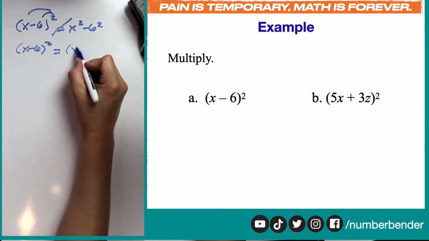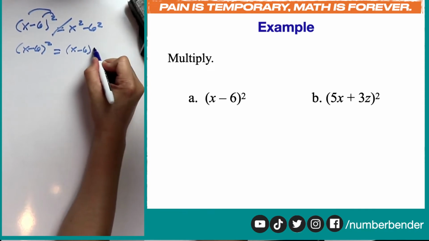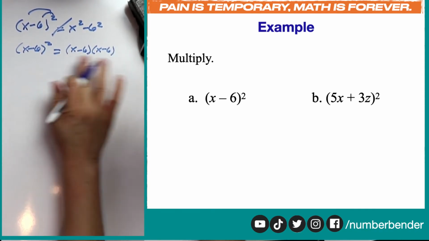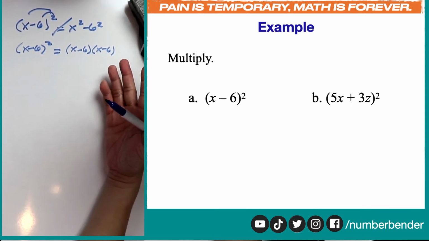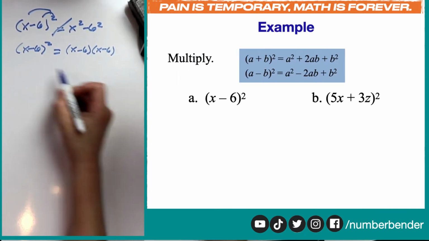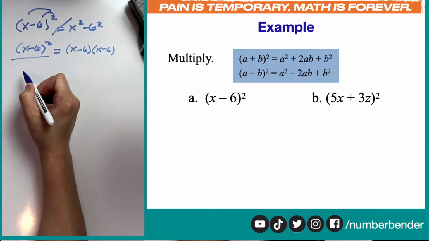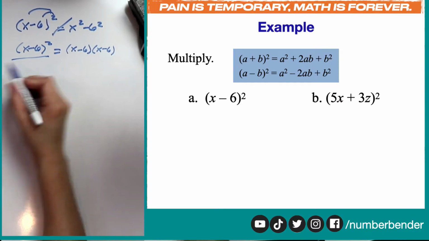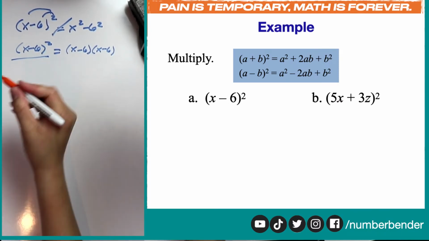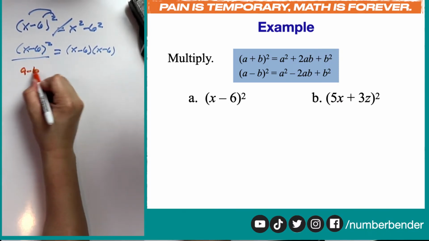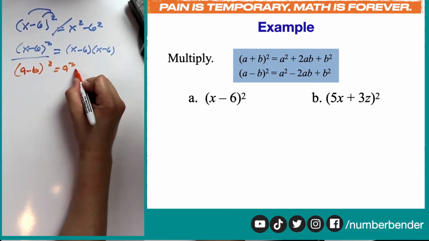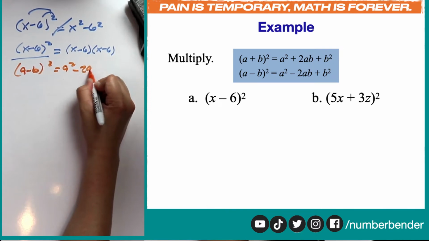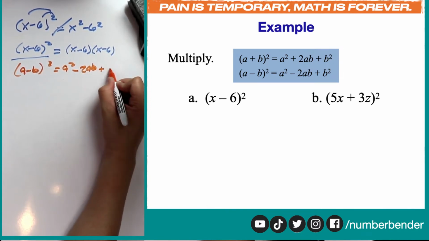And when we say expansion, we're just going to have two factors of x minus 6, and we're going to multiply them. We can multiply this using the FOIL method, but this time, since we're seeing a square of a binomial, we can use our pattern for this particular special product, which is a minus b quantity squared is equal to a squared minus twice ab plus b squared.